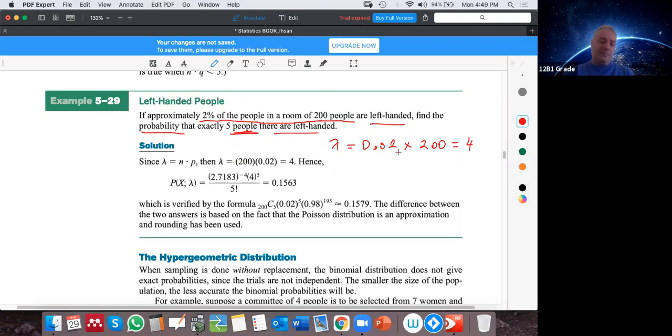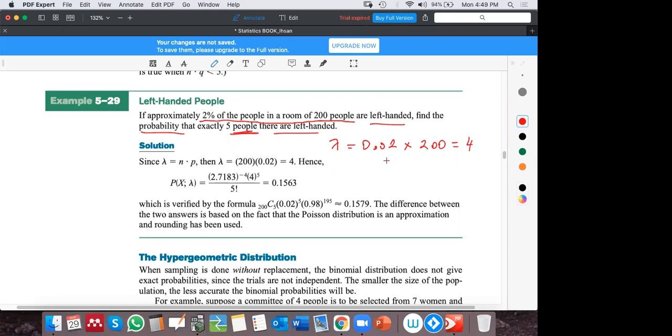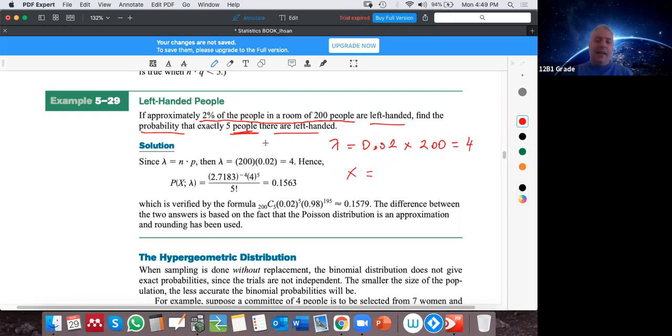Is this clear? Yes. And then what is x? x is here 5 people, it says. So the answer is Poisson 5, 4. The answer is e to the power of negative 4 times 4 to the power of 5 divided by 5 factorial. When we write it, the result comes out for us.